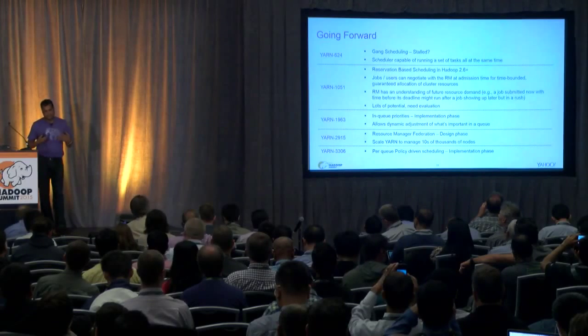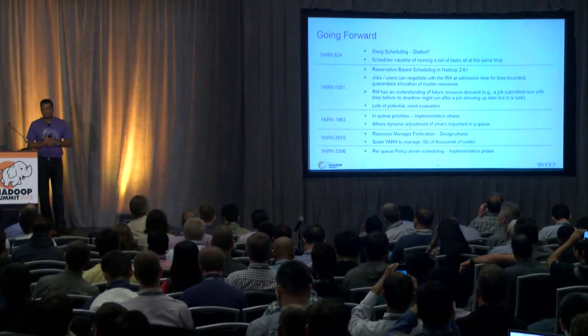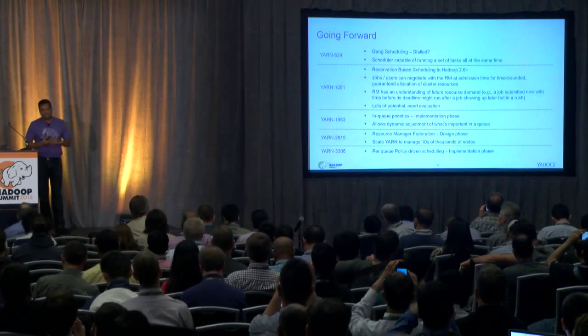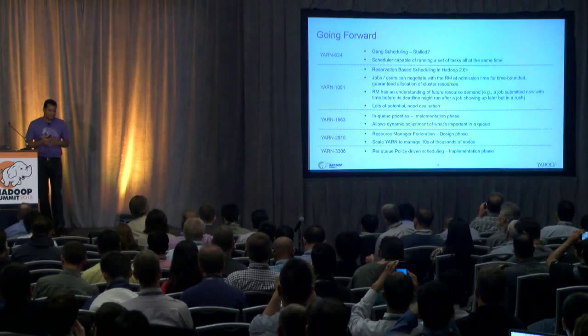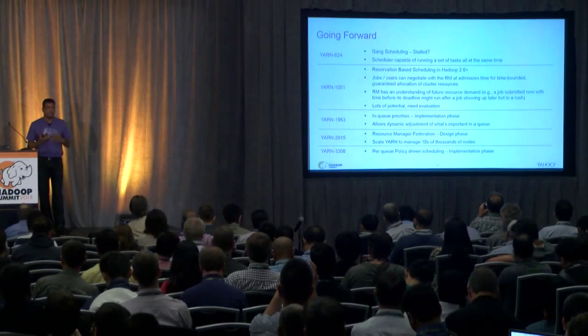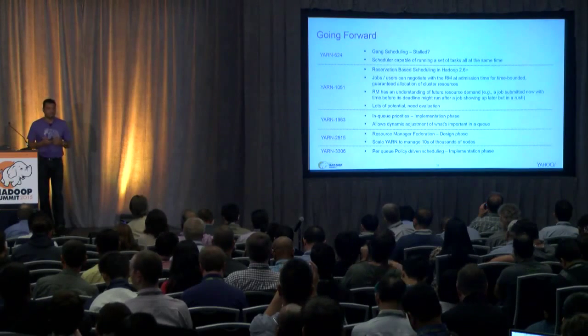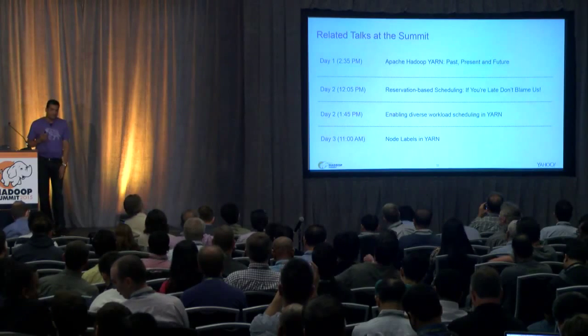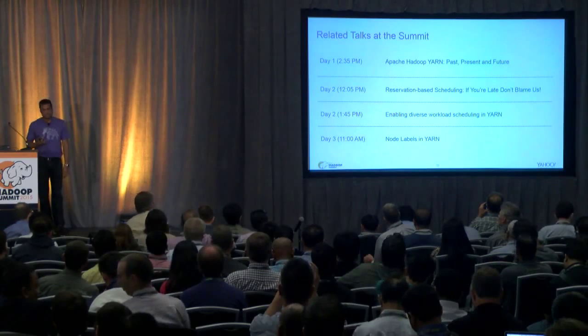There are also efforts around federation, so managing tens of thousands of nodes across federated Yarn clusters. And then Ethan talked about 3306, where you actually define per queue policy, so really differentiate queues based on fairness and other factors. And then there are lots of talks on this topic.